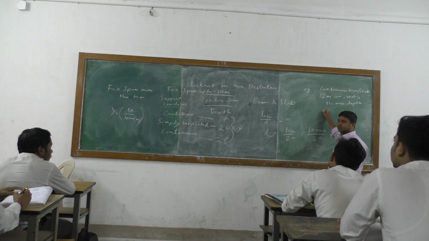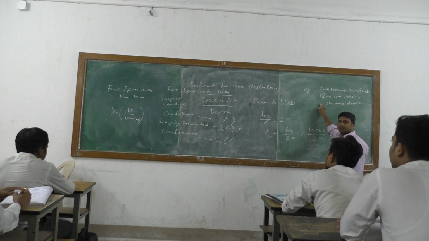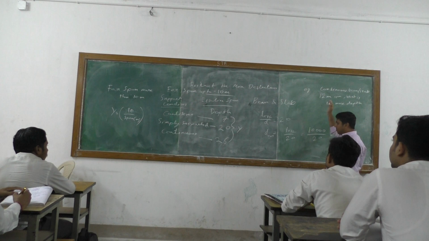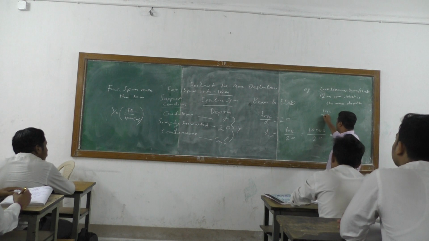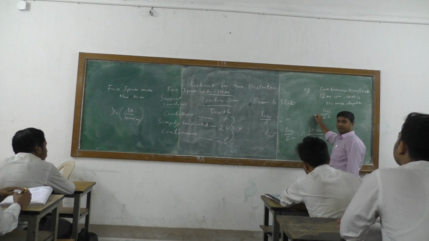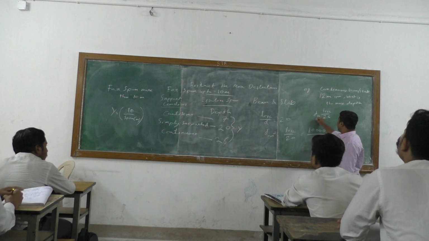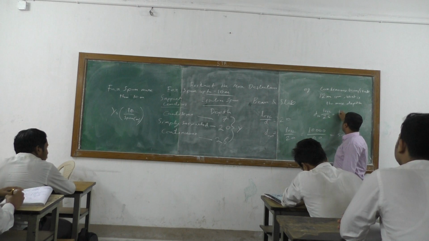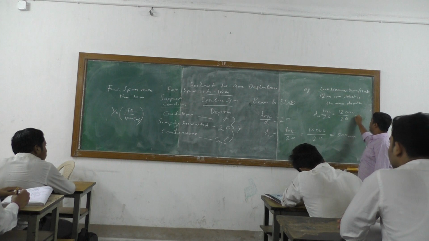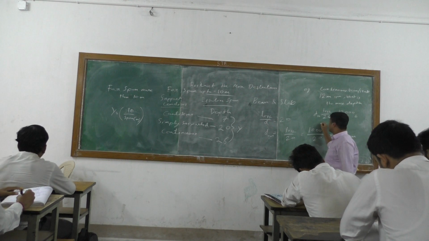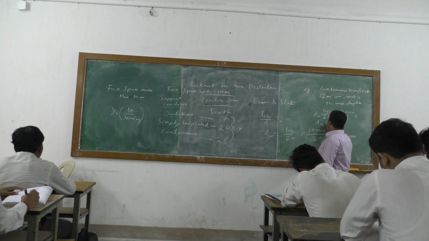Can you find out? For a normal 10 meter span, what will be the value? L effective by 26. For 12 meter, how much is it coming? Take out your calculators.